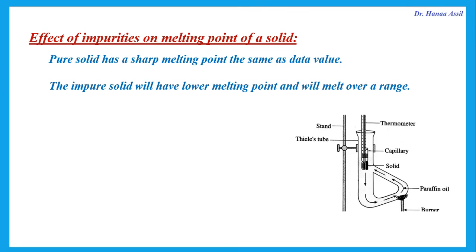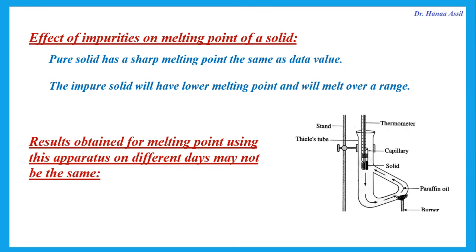But if my solid is impure, then it will have a lower melting point than it should have, and it will melt over a range. It will not melt sharply at a specific melting point. It will melt over a range that indicates that it is not pure.